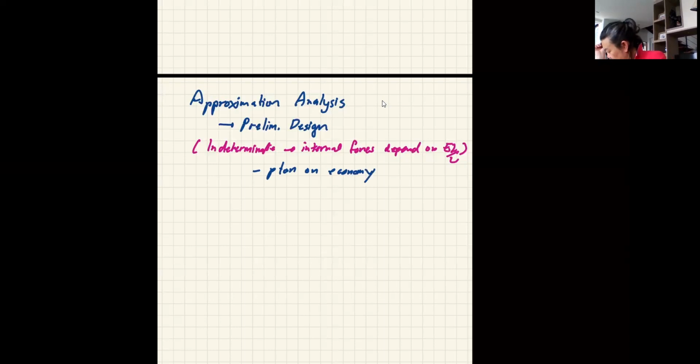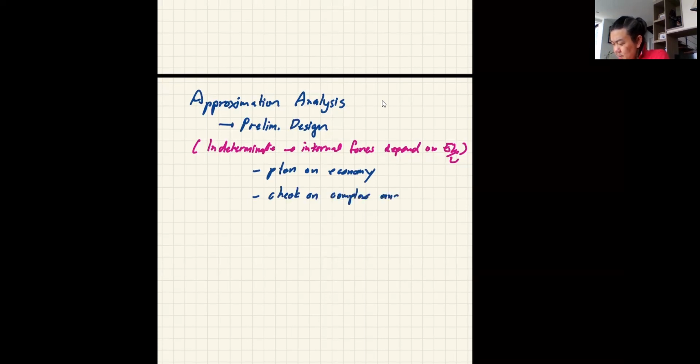Because we don't have the size. And you can also use it to check on complex analysis as well, because sometimes those who depend on the program actually don't know the behavior of the structure.